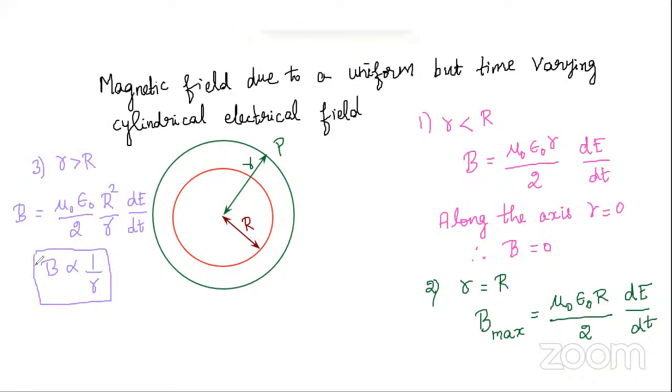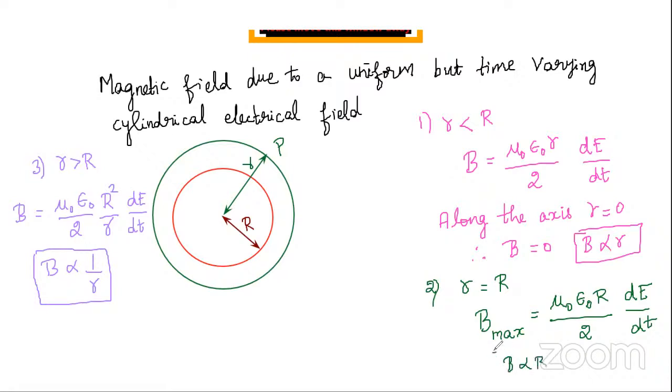But in these cases, here B is actually directly proportional to small r. In this case, B is actually directly proportional to capital R. But when small r is greater than capital R, then the magnetic field is inversely proportional to small r.